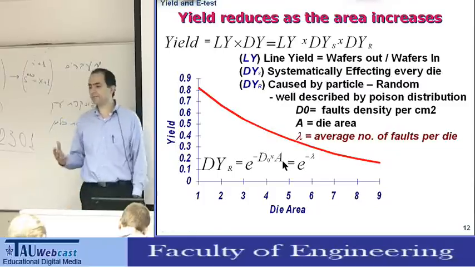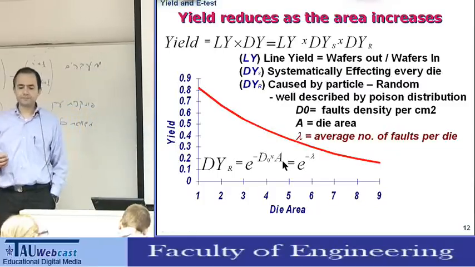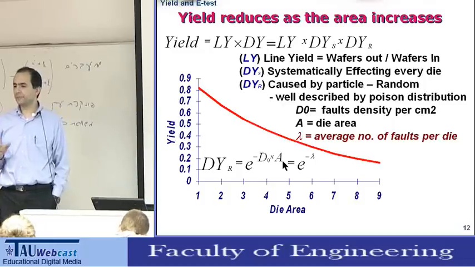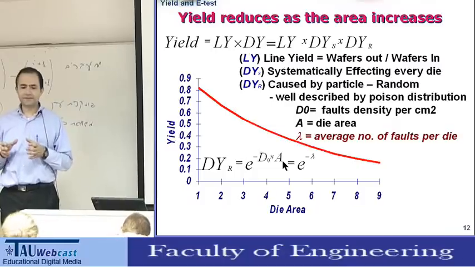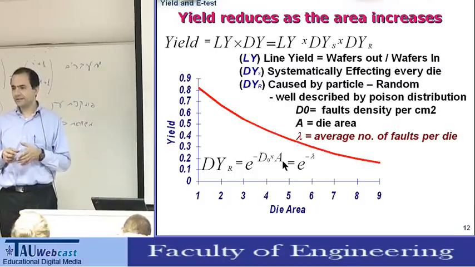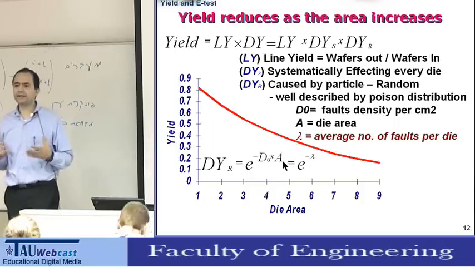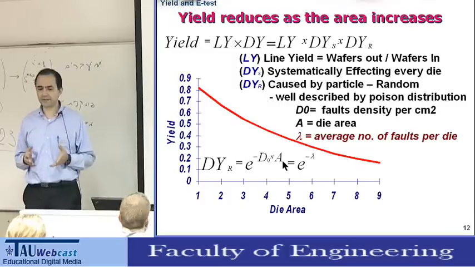And that is very simple to understand when you think about it. If we have 1/10 of a particle per square centimeter, and the die is 1/100th of a square centimeter size, then the probability of getting a particle is 1/1000, the multiplication of that.